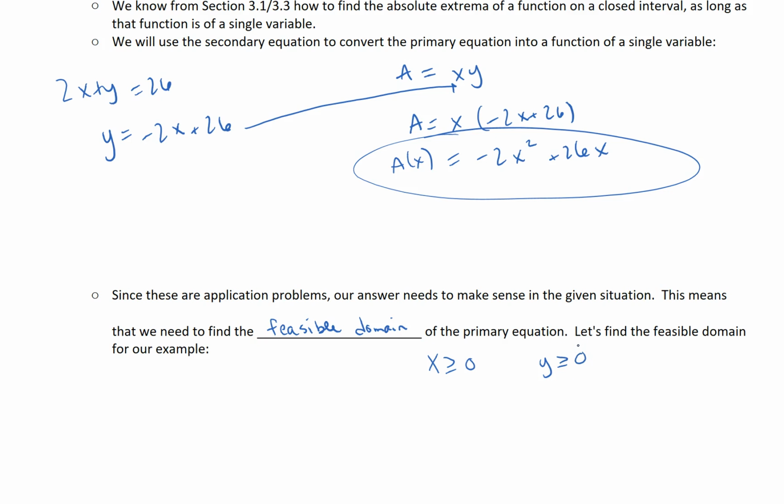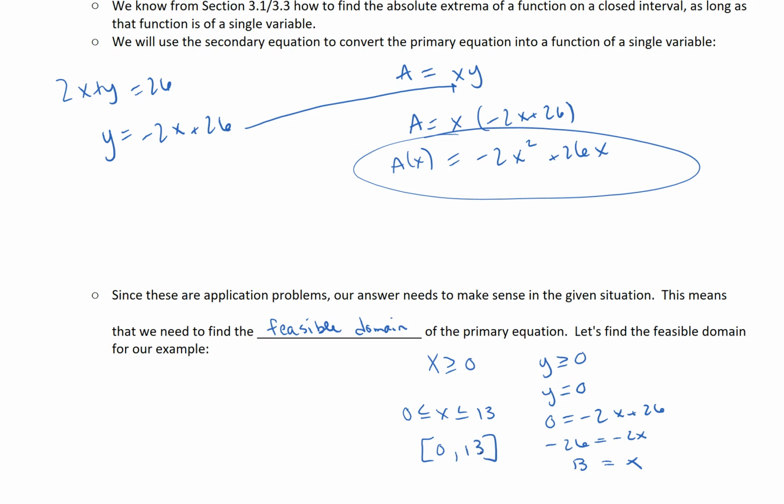Let's just assume that we've got y equal to 0. I know that's ridiculous, you wouldn't do that, but we're trying to find some limitations here for x. If y is equal to 0, that means all of the fencing gets used on x. So negative 26 is negative 2x, or 13 is equal to x. So that tells me my feasible domain is that x has to be between 0 and 13, or the interval from 0 to 13.